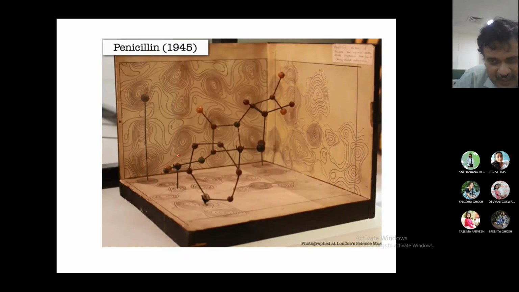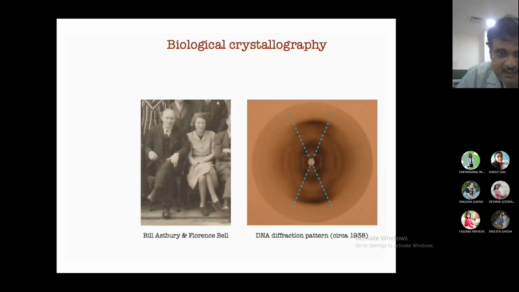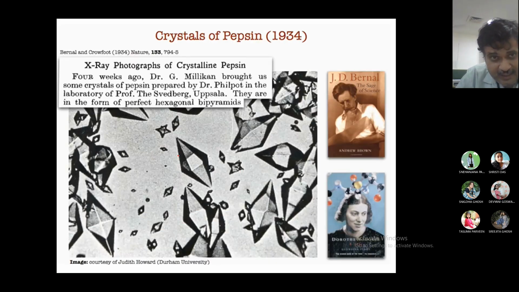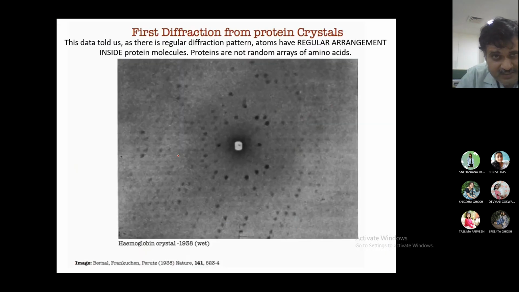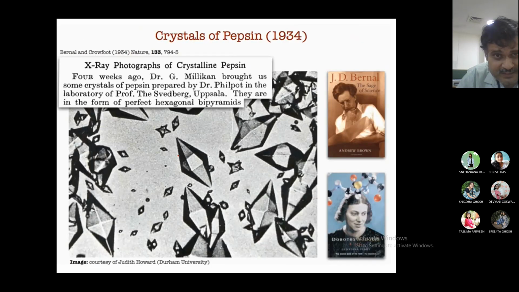By doing the same way, the penicillin structure was solved in 1945. Extra crystalline structure solution we are not bringing over here, that's a totally different story. But as days progressed, more and more complex structures were solved. The first protein structure to get diffracted was pepsin.